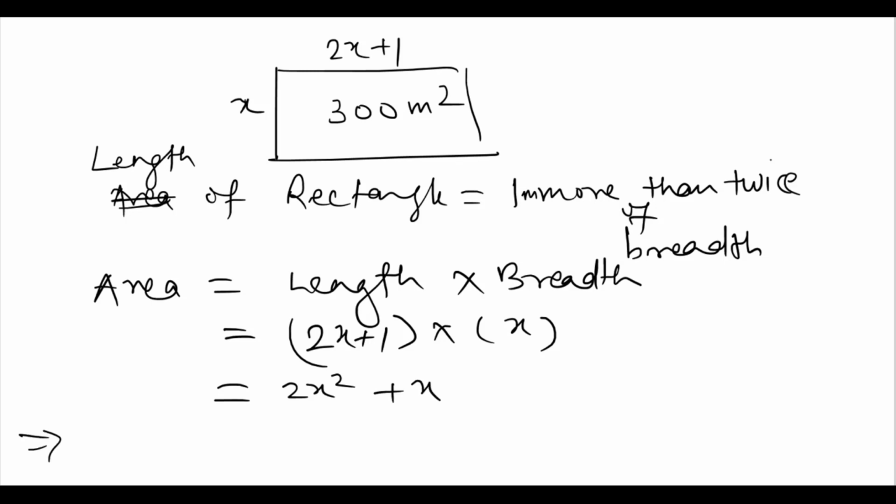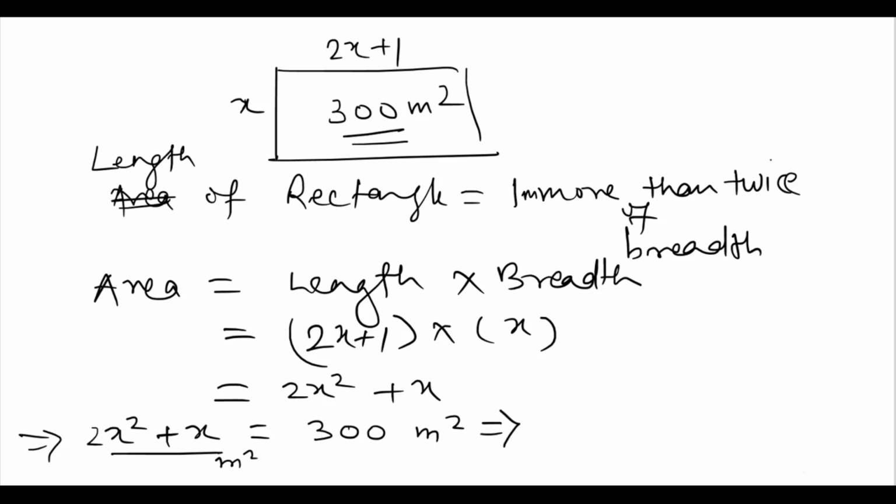So now area is known to you as 300 square meter. So you can write 2x square plus x is equal to 300 meter square, and this is also meter square, right? So what will happen? 2x square plus x minus 300 is equal to 0, right?